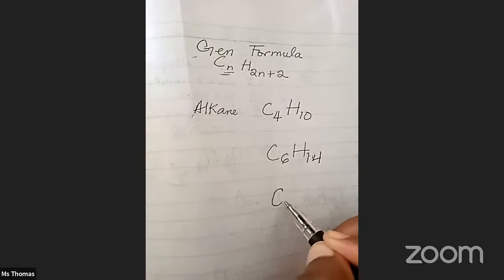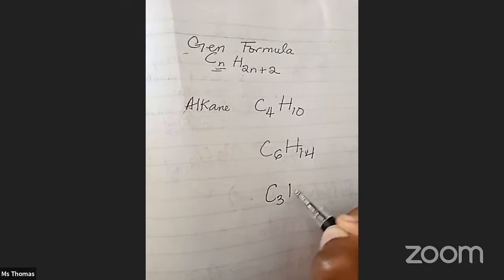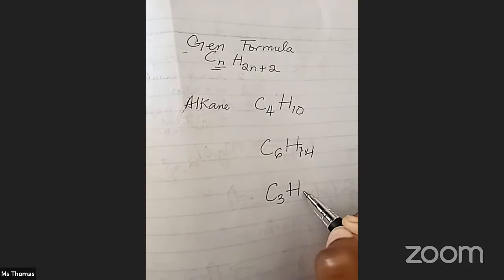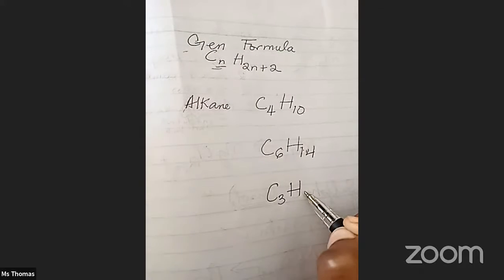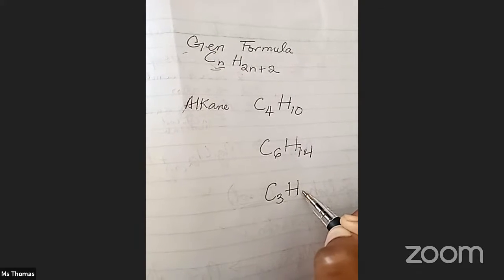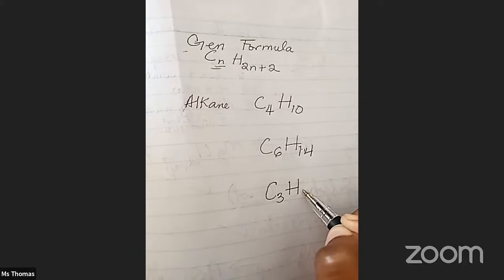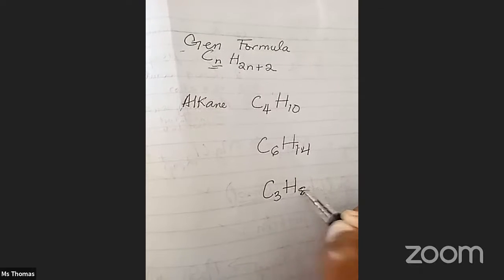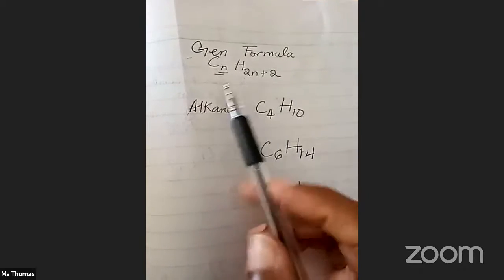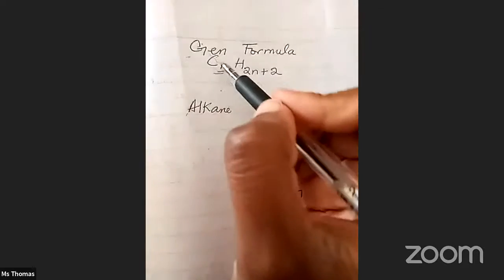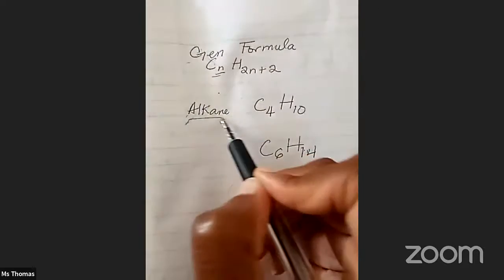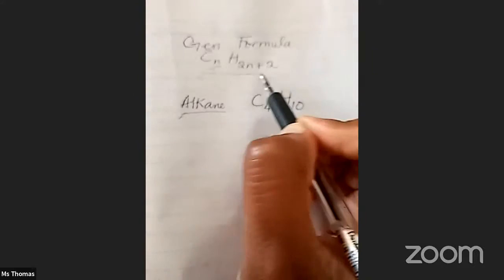Suppose it had 3 carbon atoms. How many hydrogens would it have? 8. All right.